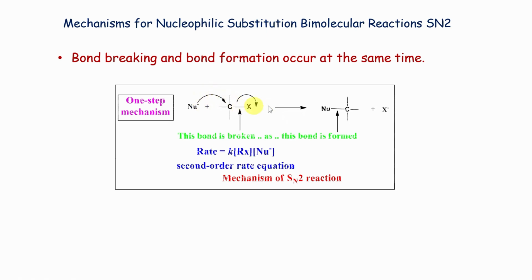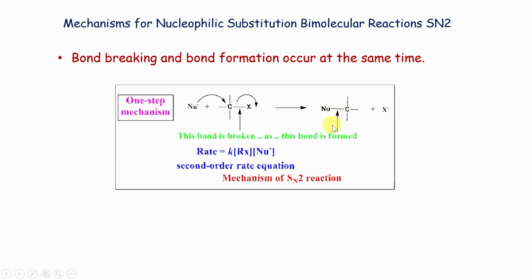SN2 reaction is a single step reaction. It is a concerted process, and both the bond breaking and bond formation take place simultaneously. First of all, the nucleophile attacks the electron deficient carbon atom. Simultaneously, the bond between carbon and the leaving group gets broken and this carbon forms a new bond with the nucleophile in the product.